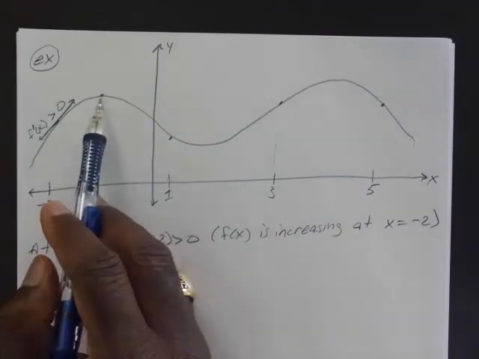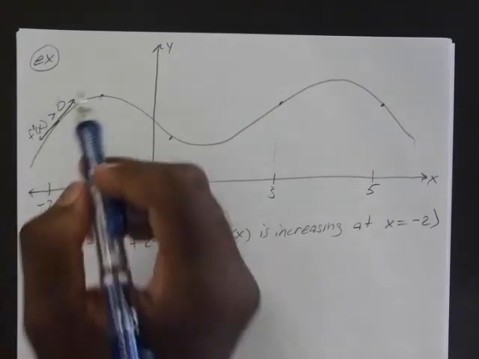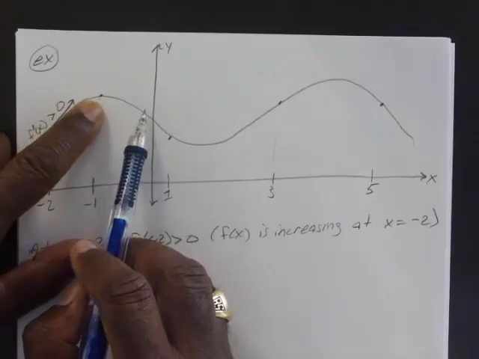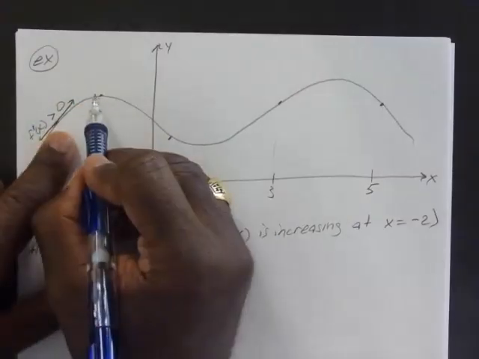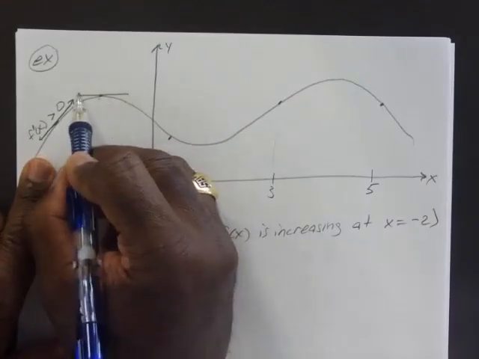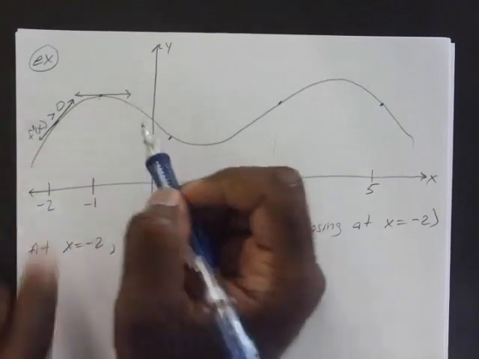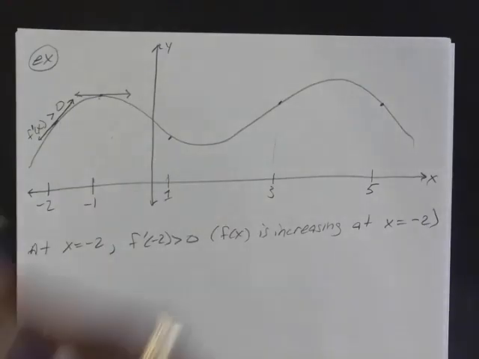Well, let's look at x is equal to -1, right there at the peak. Okay. So if we did the secant line and moved it closer and closer, our tangent line slope would kind of look like this. Okay. So the slope is horizontal, so we know that is equal to 0.